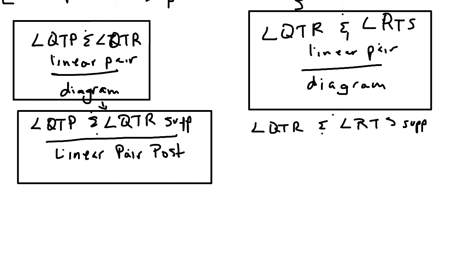How do I know that angle QTR and angle RTS are supplementary? Well, same reason as the box on the left, linear pair postulate. Don't worry about having too beautiful handwriting over here. Linear pair postulate.